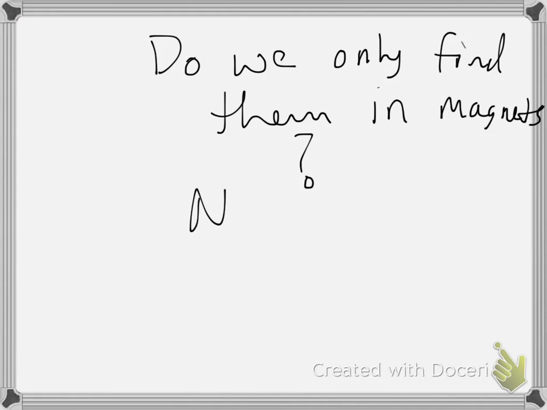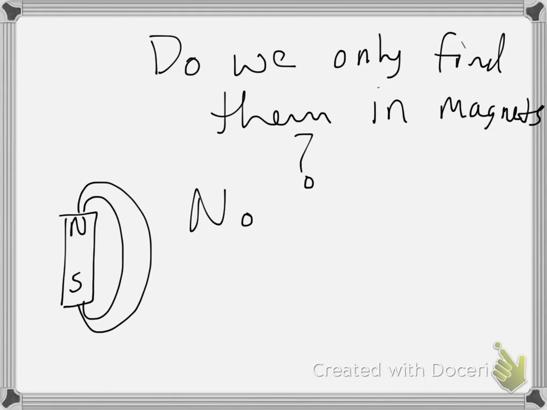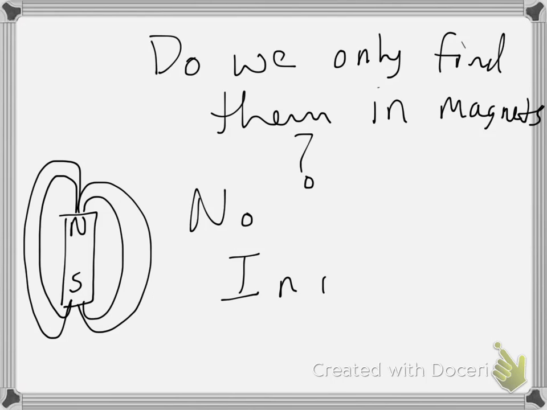And the answer is no. We've already seen that we can have field lines forming these closed loops for a bar magnet, and the same would be true for a circular ceramic magnet or something of that nature. But we also find them in wires with current in them.